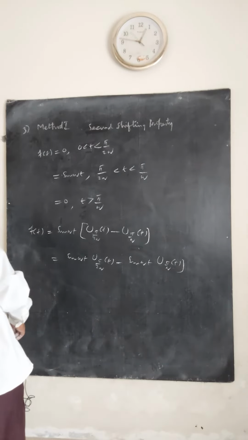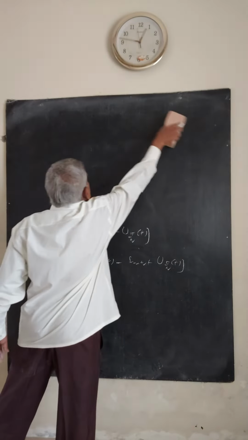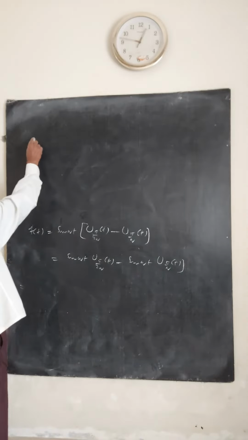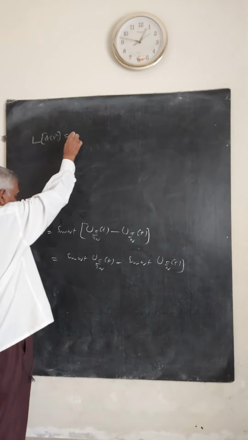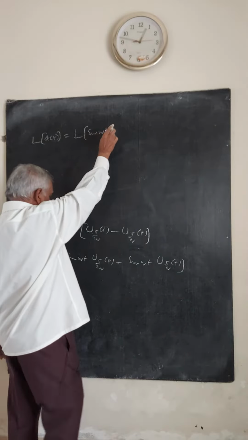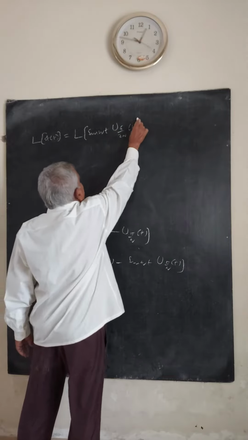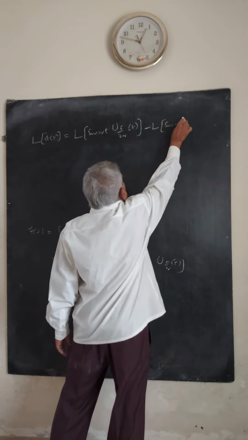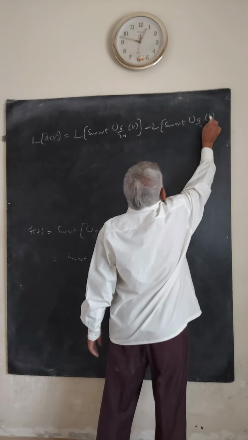Taking the Laplace transform on both sides: L of f of t equals L of sin omega t u of pi by 2 omega t, minus L of sin omega t u of pi by omega t.